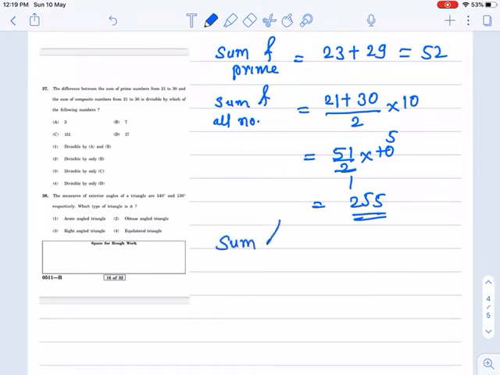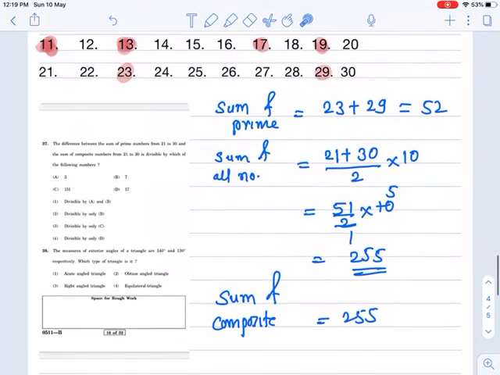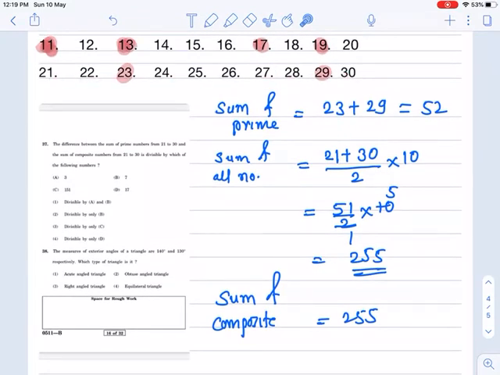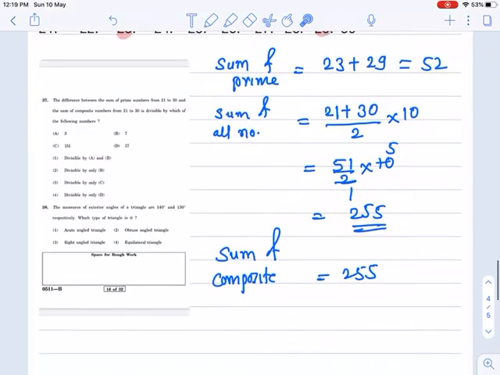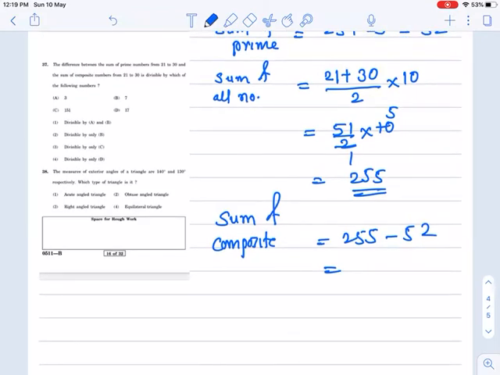So I will write the sum of composite numbers is equal to 255, meaning 255 is the sum of all these 10 numbers, minus 52. So the sum of composite numbers will be 203.